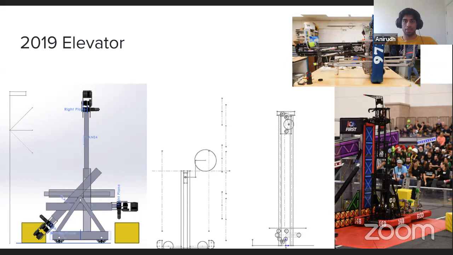For example, last year in 2019, we didn't really stop prototyping the Selection Cup for most of the season, but every other mechanism stopped at around week 2-ish, and we just started doing CAD, and I believe we finished CAD around week 4, and that's when we started fabrication. This year, however, we decided we wanted to have a very good shooter, so we spent extra time on simply prototyping the shooter and just took the downside of that.